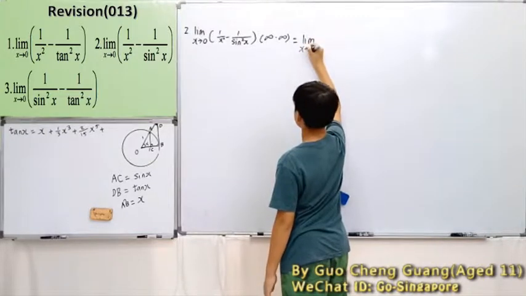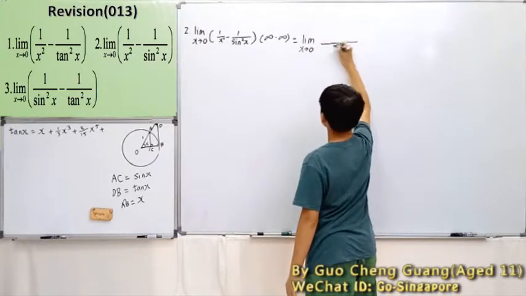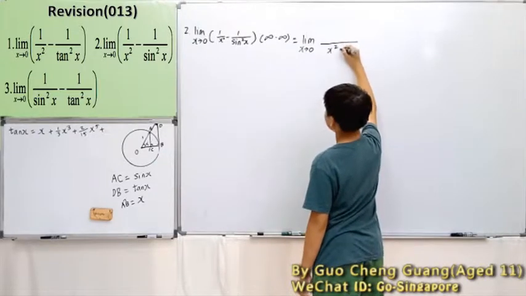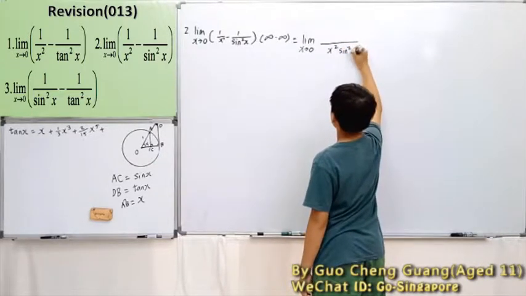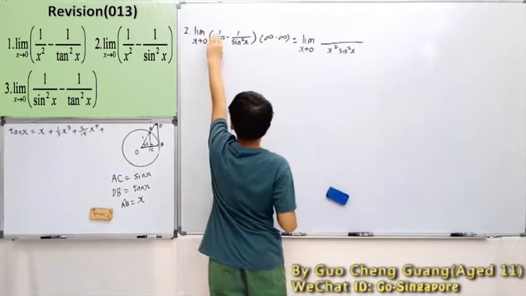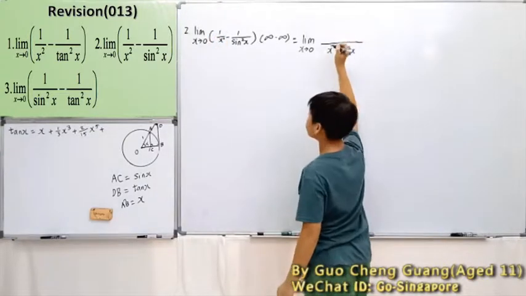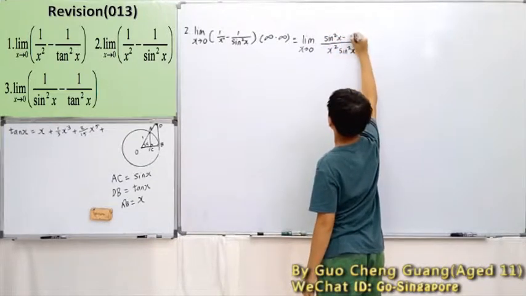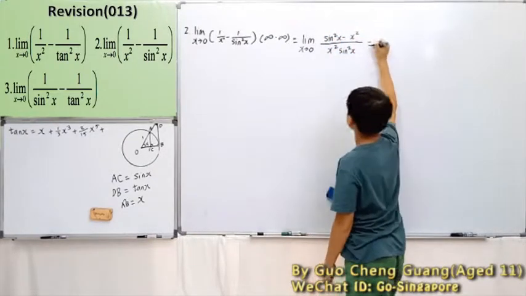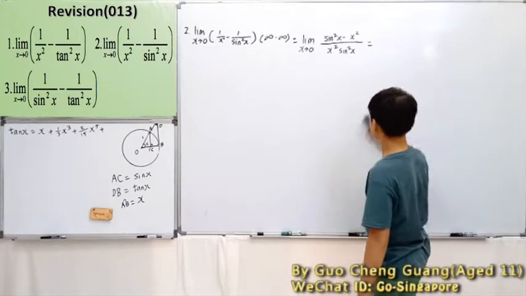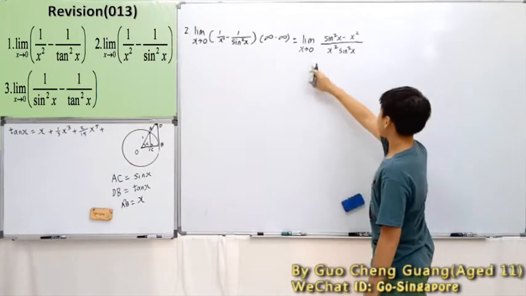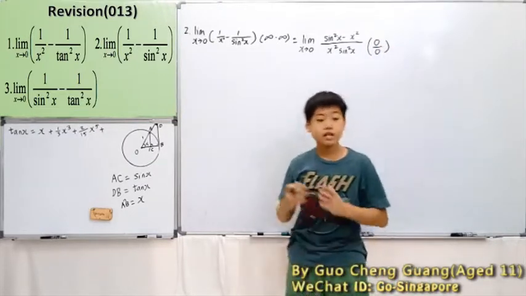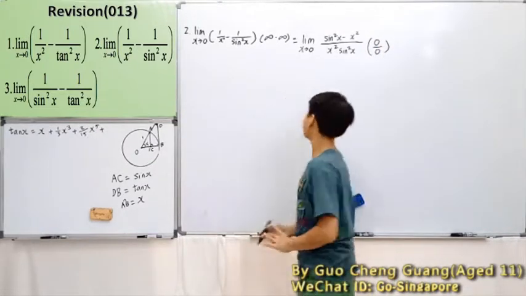Now you have limit x approaches 0, common denominator, so the denominator will be x squared sine square x. Then the first part, sine square x minus x squared. What kind of form is this? Sub in 0 is 0 over 0, another type of indeterminate form.